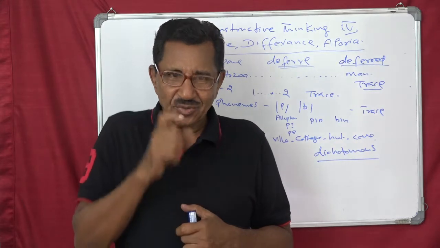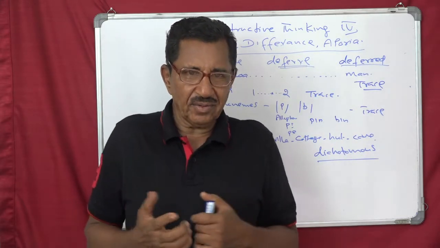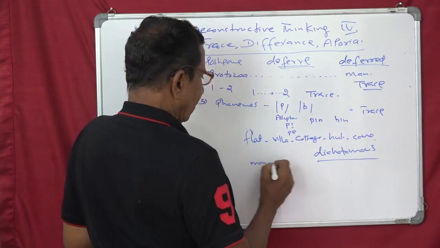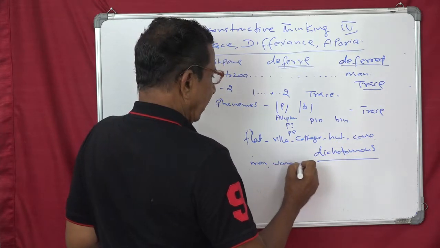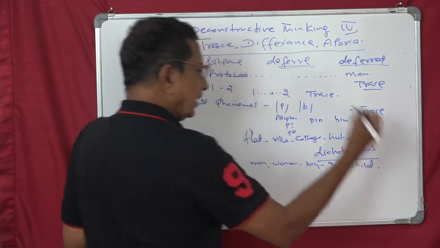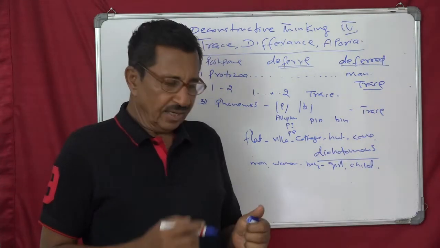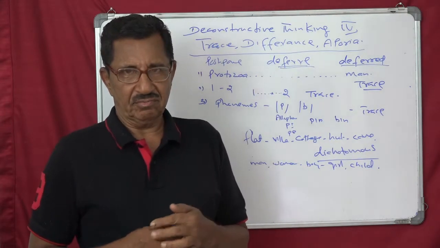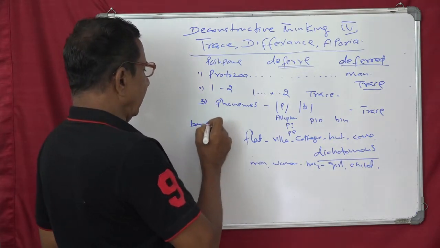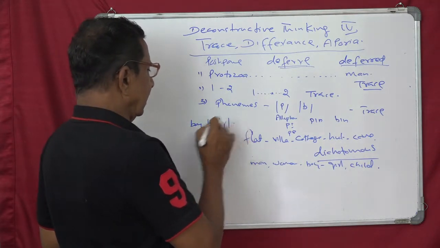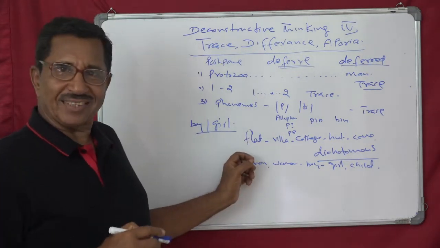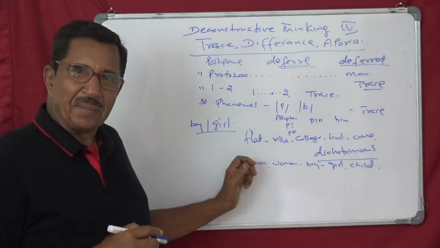Understand? So two things now. Now you see, it is about man, woman, boy, girl, child. These are all signifiers with signifiers. None of them is absolute. This binary is not dichotomous, not complete.